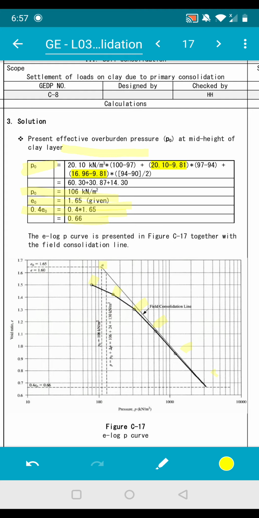And you just need to show the 0.4 multiplied with the initial void ratio line, which is this part, okay? So this one is a field consolidation line with this assumption on field, 0.4 initial void ratio, which is 0.669. Okay, so you show the curve and you show this line here. So that's the required one for the first item.